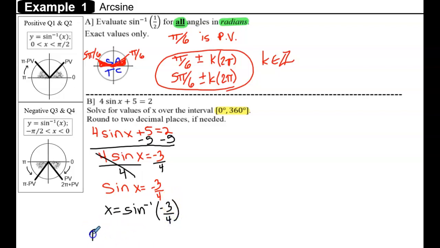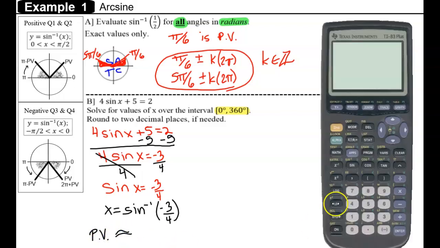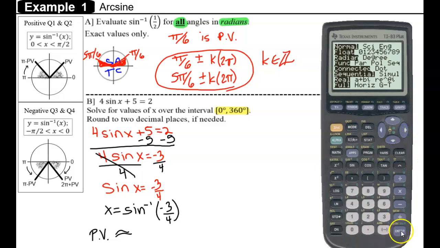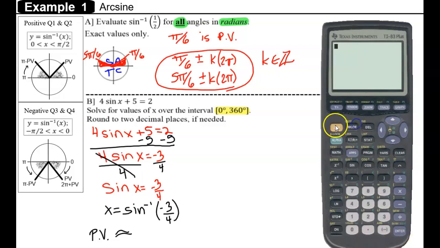And we're going to find the principal value using the calculator. And we're asked to be in degrees because we want our solutions over the interval 0 to 360. So we're going to change our calculator from radian to degree mode and evaluate the arcsine of -3/4.